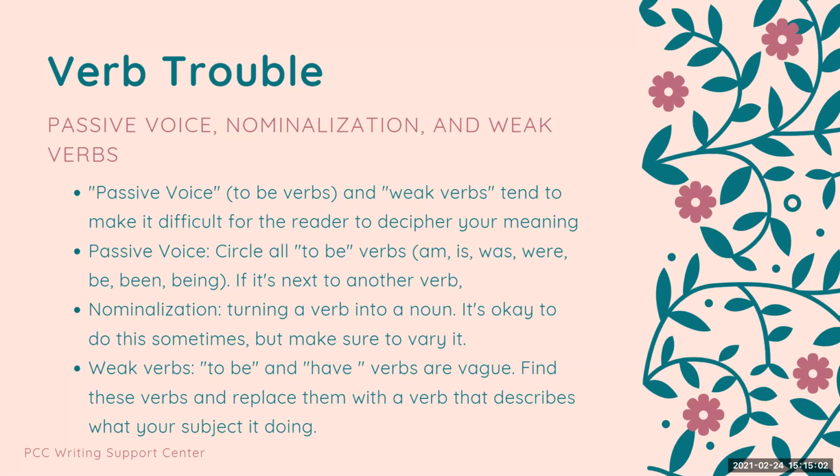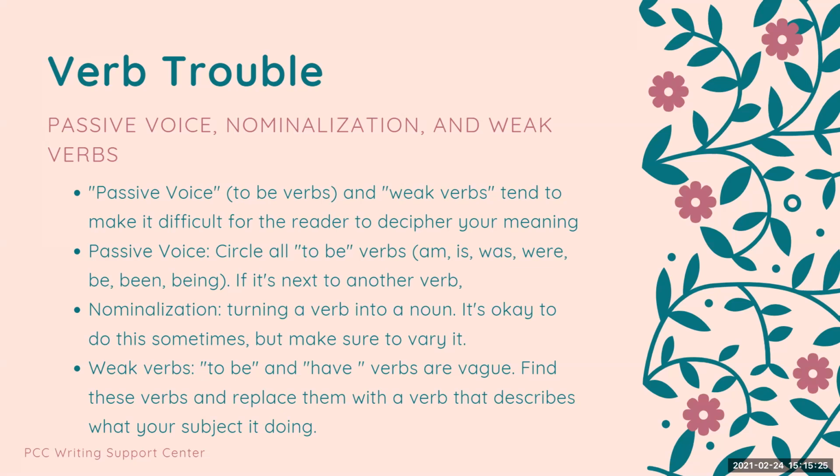So you would circle that. And then we would try to see, okay, how can we replace that will be going with a stronger verb, so that way your reader has a more direct understanding of what is happening in the sentence.